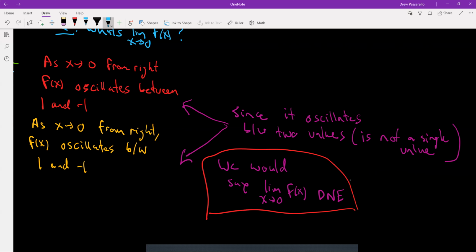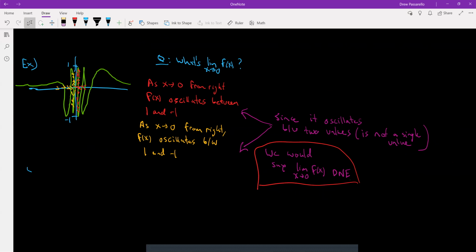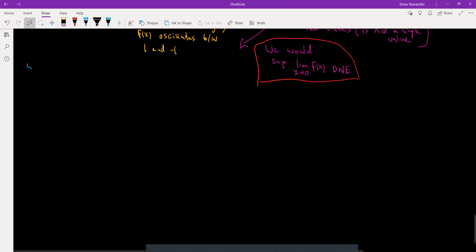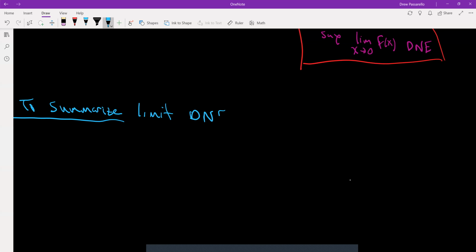All right, so I've provided 3 cases where the limit doesn't exist. And I'm going to summarize. So to summarize, the limit does not exist when you have one of the following.